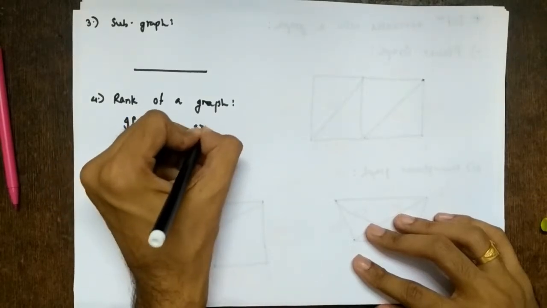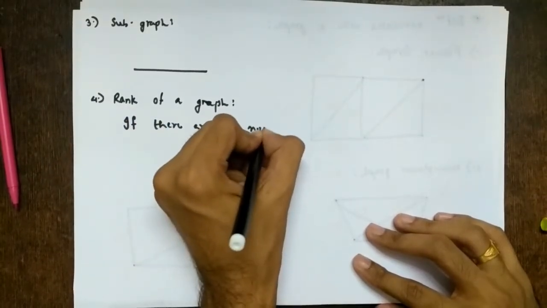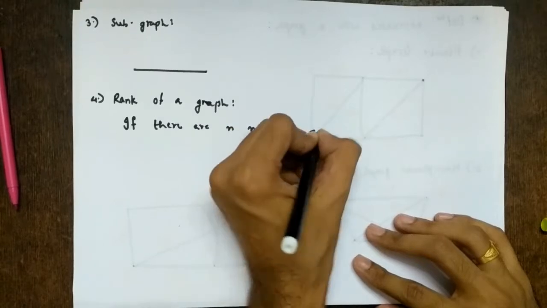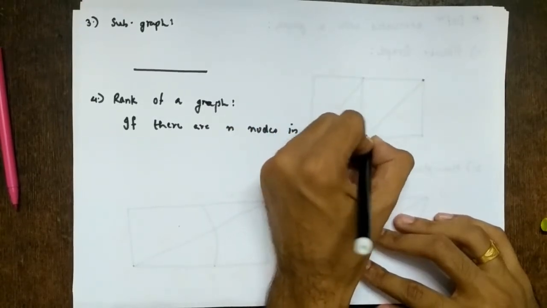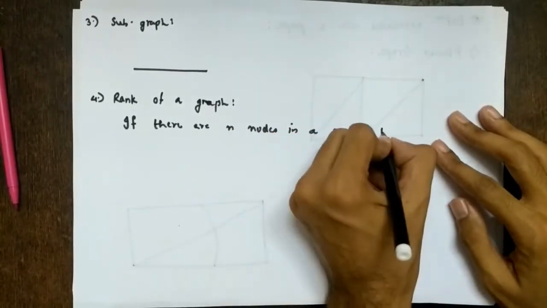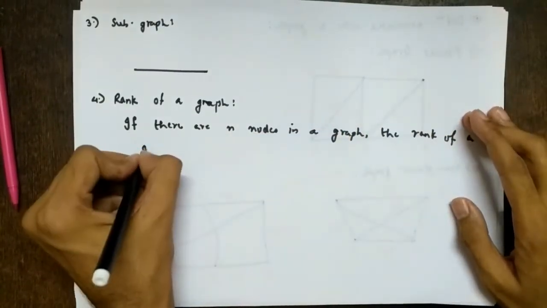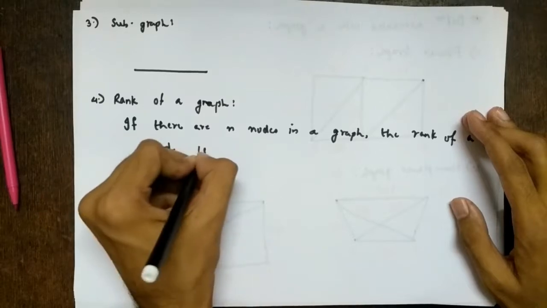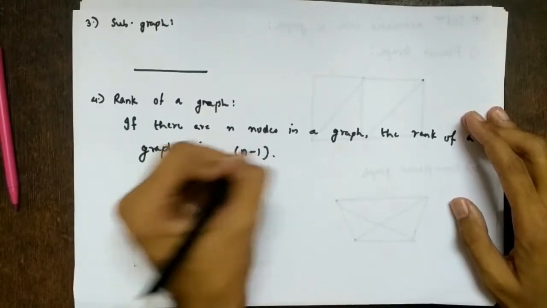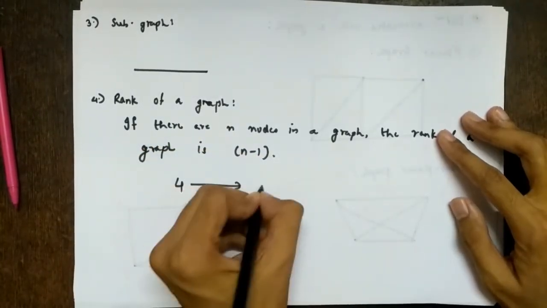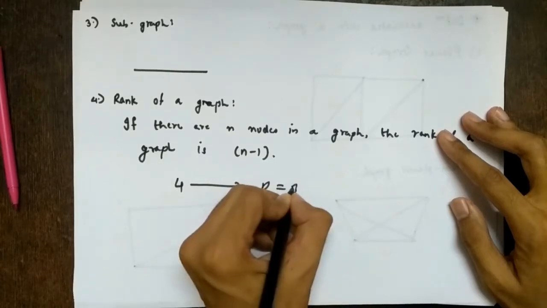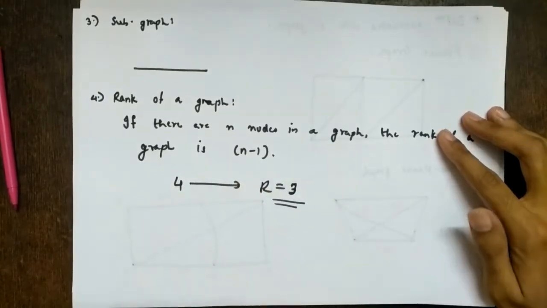If there are n nodes in a graph, the rank of a graph is n minus 1. So if there are 4 nodes, what will be the rank? Rank will be 3. Simple, right?